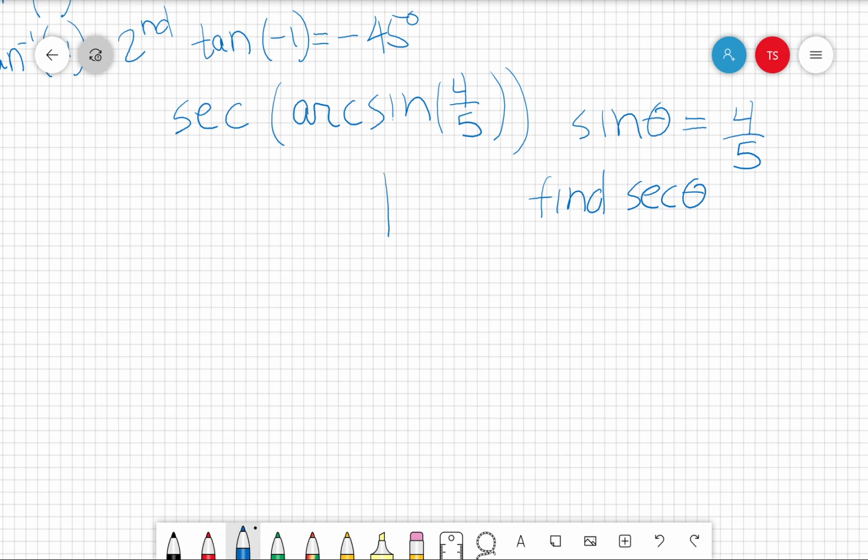And when we're dealing with arcsine, we want to make sure we draw that triangle in the right place. So since this ratio is positive, we'll draw our triangle here in quadrant 1. And this is saying the opposite over the hypotenuse is 4 over 5. To find the secant, which is the hypotenuse over the adjacent, we're going to need this third side. That's going to be positive 3. And so the secant, the answer to this question, would be 5/3. Hypotenuse over adjacent.